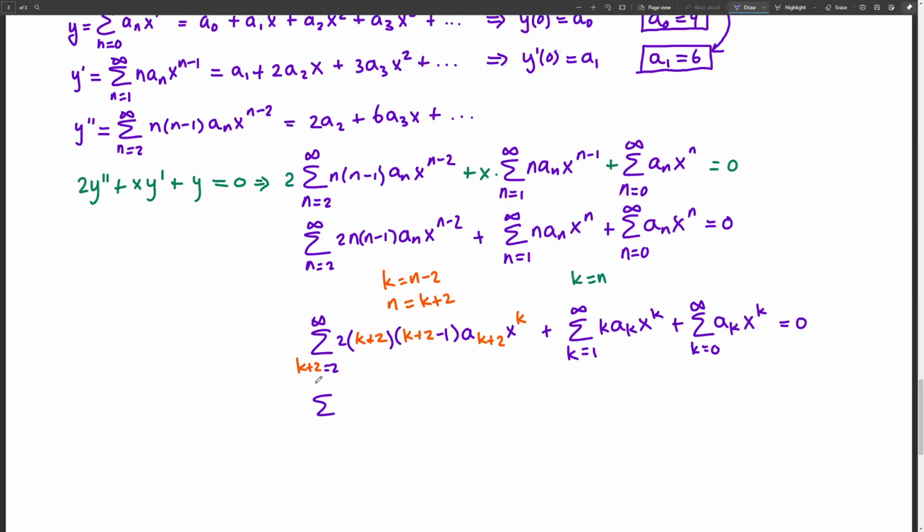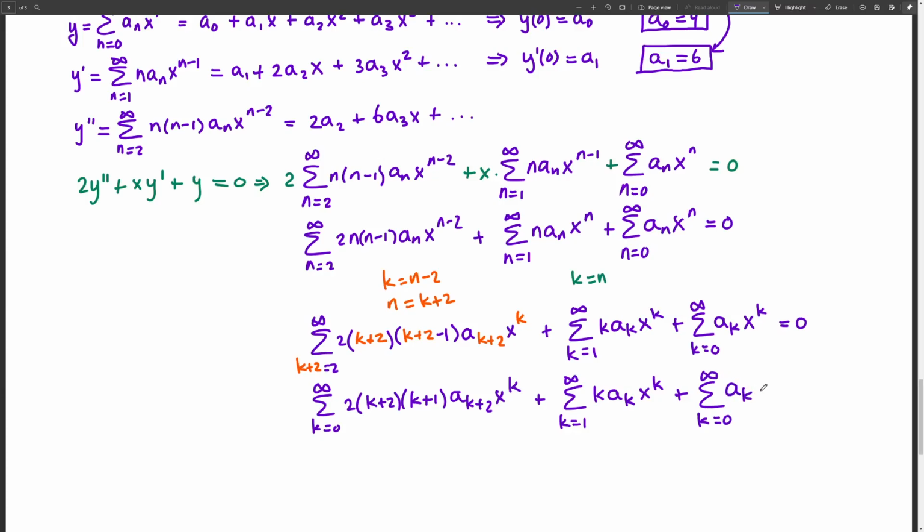So that first sum is actually from k equals 0 to infinity, and then 2 times k plus 2 times k plus 1 times a sub k plus 2 times x to the power k, plus summation k equals 1 to infinity k times a sub k x to the power k, plus summation k equals 0 to infinity of a sub k x to the power k equals 0.